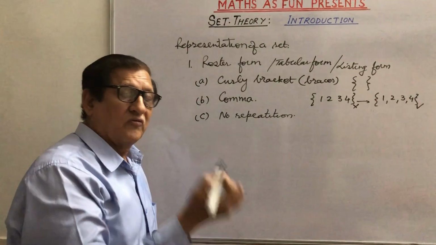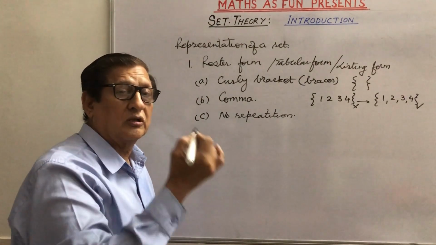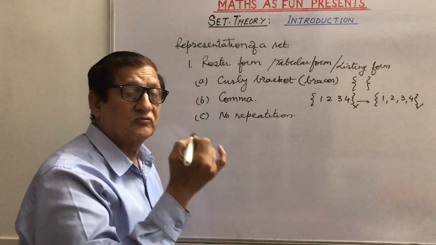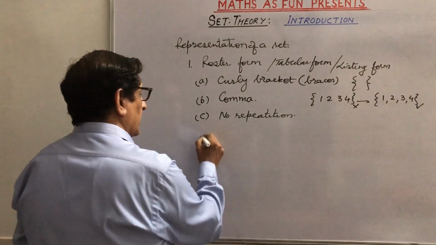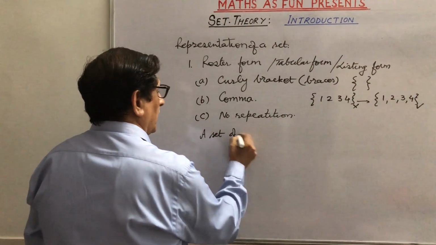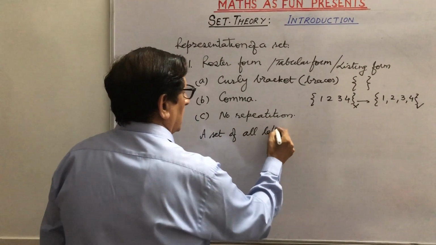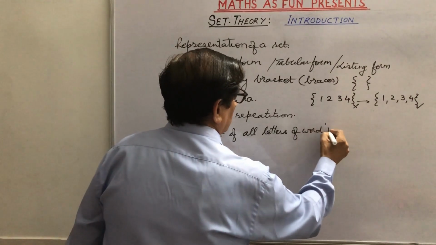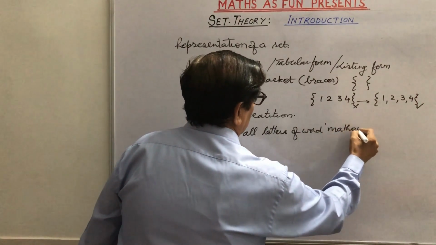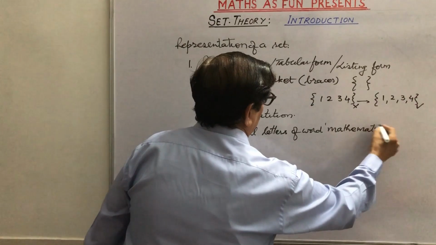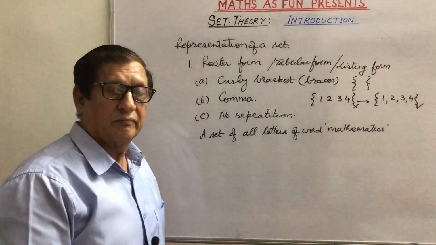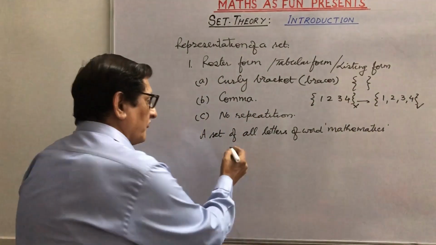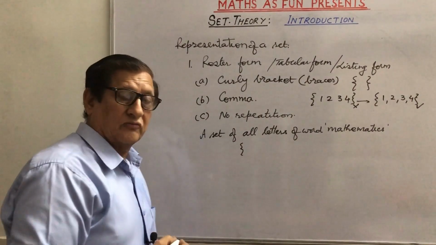Like suppose we want to represent a set of all the letters of the word mathematics. In this, we will write this with curly brackets first.